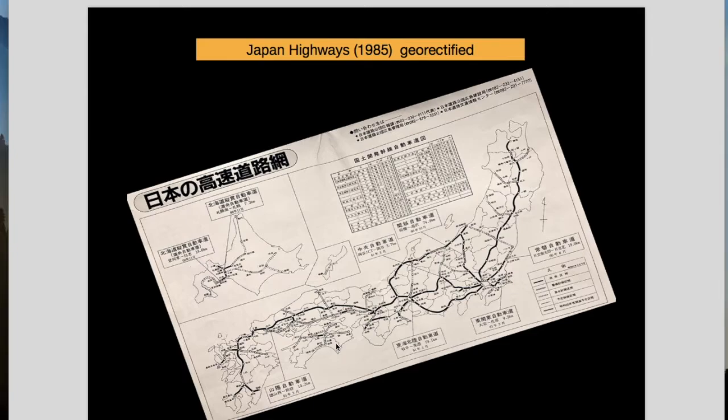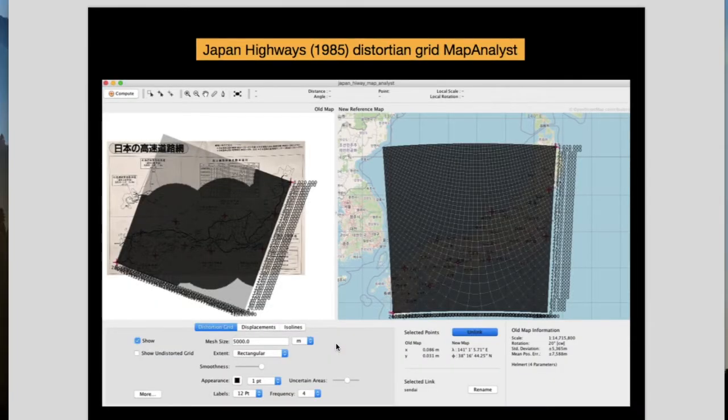So if you take your Japan case and stick it into the Map Analyst to get the distortion grid, I wanted to show you here that if it has less than say 75% accuracy, or if it's 75% uncertain, it will just gray out the grid and it won't even show you the lines.